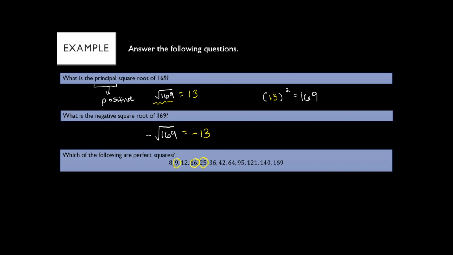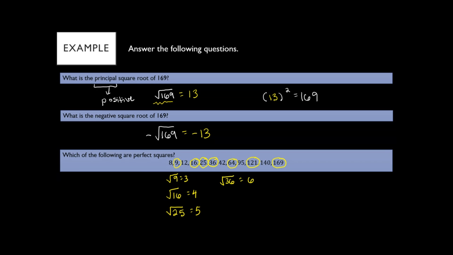The square root of 25 gives you 5. 36 gives you 6. 64 gives you 8. 121 gives you 11 when you take the square root. And then 169 gives you 13.